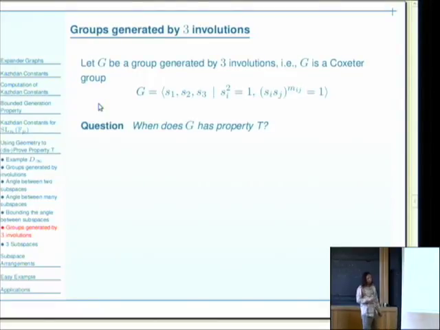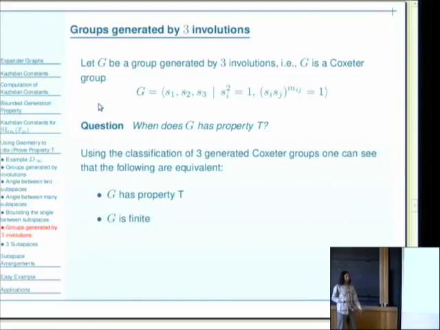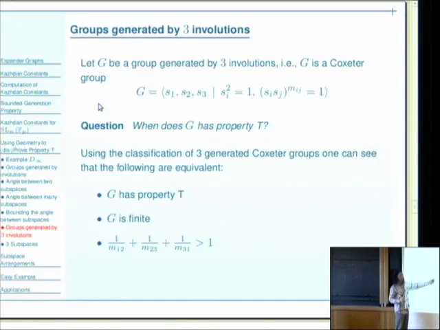And the first thing is, okay, these groups are classified, let's just take the classification and check it. And looking at the classification, there are 3 things which are equivalent. The group has property T, the group is finite, and the sum of 1 over the m_ij's is more than 1. So this is equivalent to being finite.